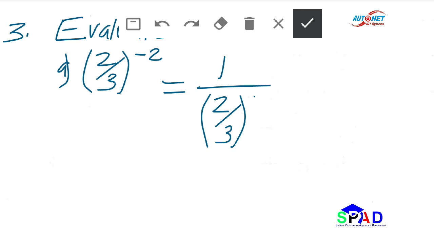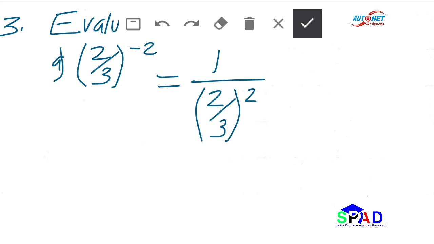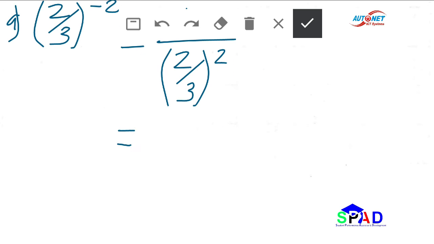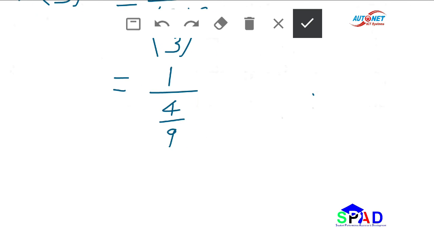And in this case, because it's minus 2, we shall end up with power 2. So that is the same as 1 over 2 over 3 squared. We can simplify this. So 2 squared is 4, and 3 squared is 9. When we say 1 over a number, we are simply talking about its reciprocal. So 1 over 4 over 9 is just like reciprocating 4 over 9 to get 9 over 4.